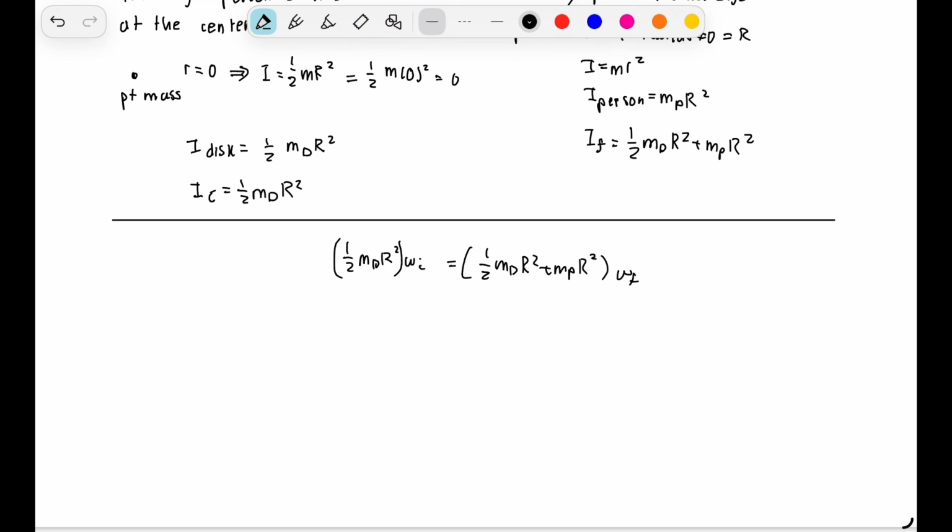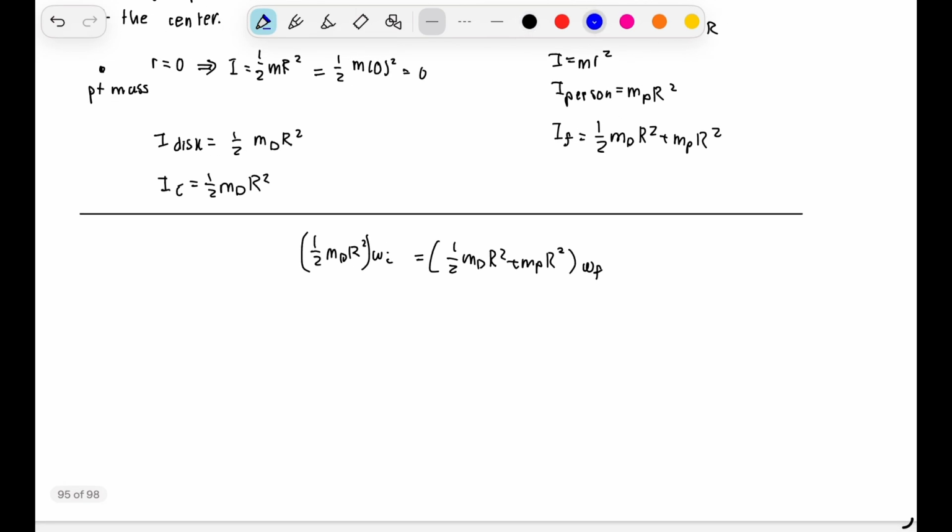Now you need to solve for omega f. If you divide both sides by r squared, you're going to be able to cancel that out, and you have 1/2 md omega initial is equal to 1/2 md plus mp, times omega f.